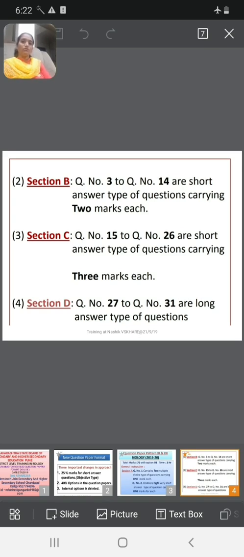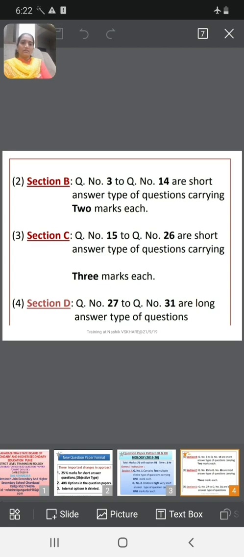Question number 15 to question number 26 are short answer type questions carrying 3 marks each. Then section D, question number 27 to question number 31, which are long answer type questions for 5 marks.